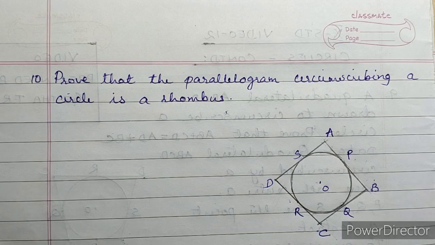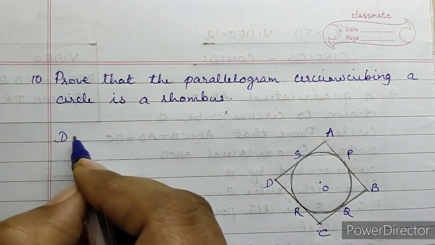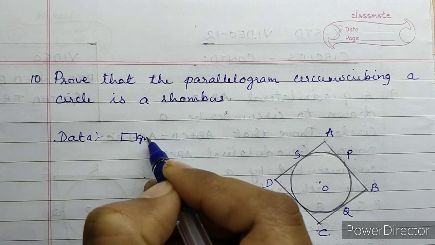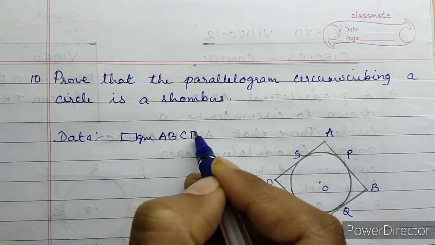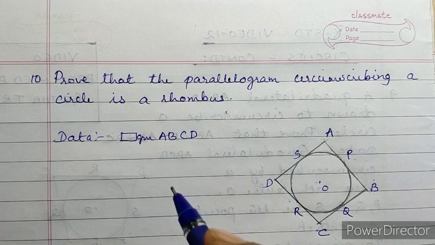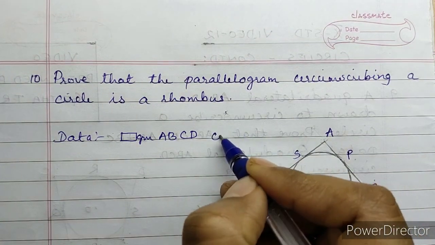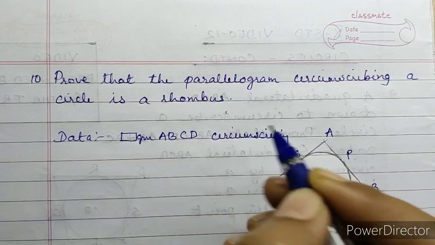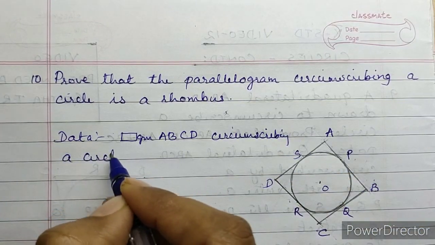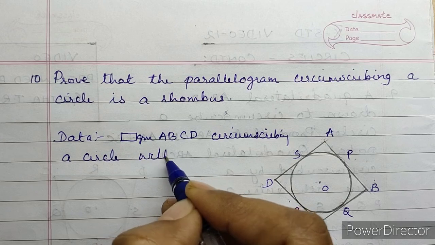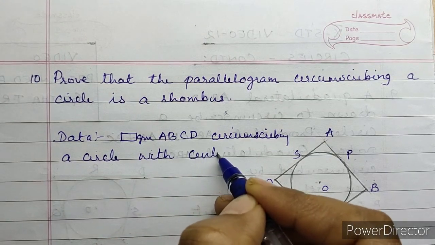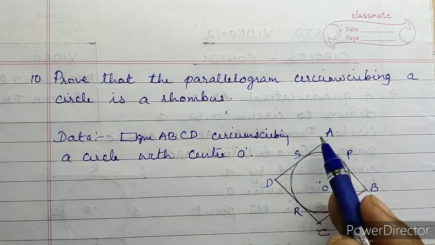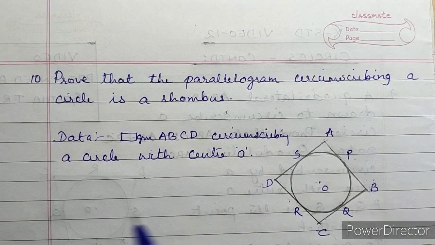Now the data, we will write it better. Data: given a parallelogram ABCD circumscribing a circle with center O. We have been given the center, so you can write center O, parallelogram ABCD.